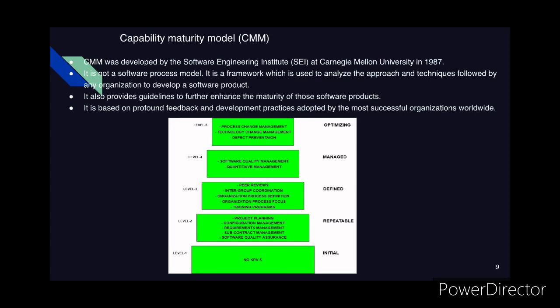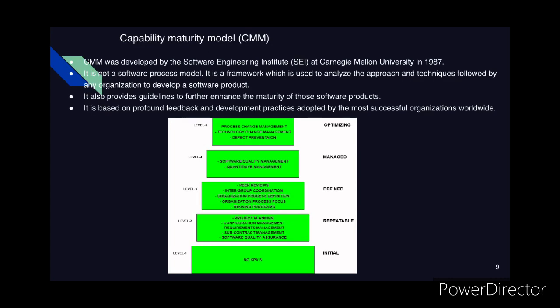Next, moving forward, level 2 is the repeatable level. This focuses on establishing the basic project management policies, that is tracking cost of project, scheduling, etc. Experiences from all your earlier projects are also used for managing new projects of similar nature.